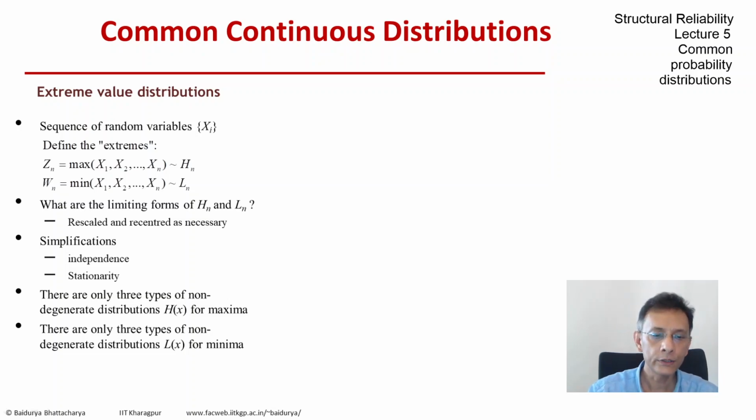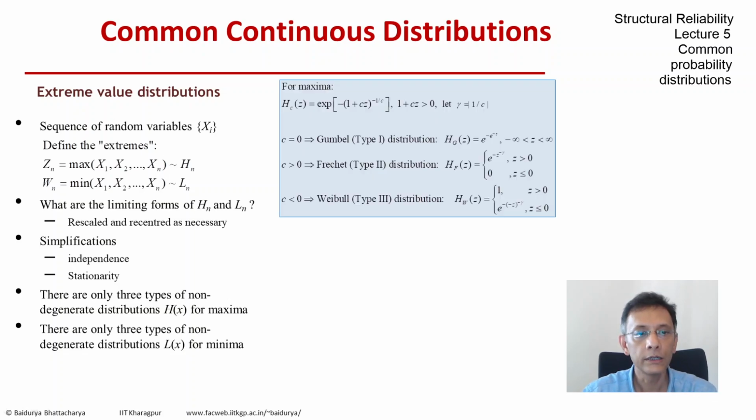And in many texts you'll find that the treatment is only with either maxima or minima. That's simply because the minimum of a set of x's is nothing but the negative of the maximum of the negative x's. So the books often just focus on one.